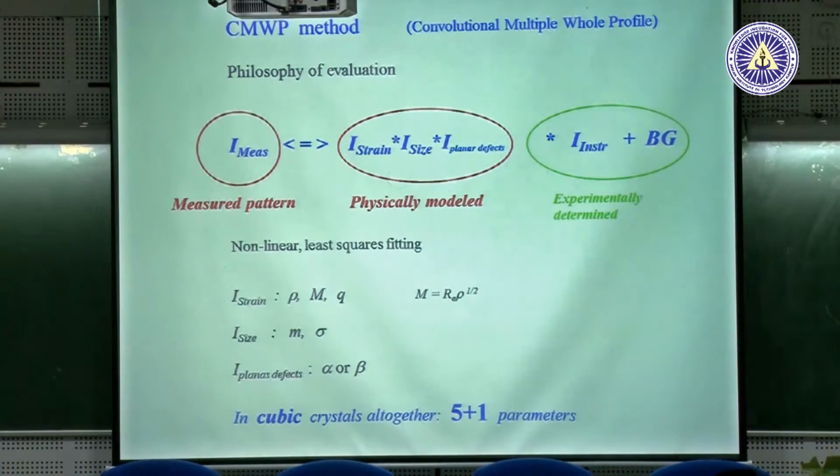So on the right hand side you have the diffraction pattern calculated in principle similar to what you do in a Rietveld method. So you don't touch the measurement, you calculate your pattern. The only difference to Rietveld is that in the Rietveld you put a pseudo-Voigt function. That is the only difference.